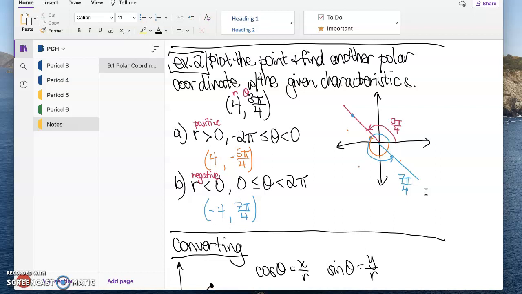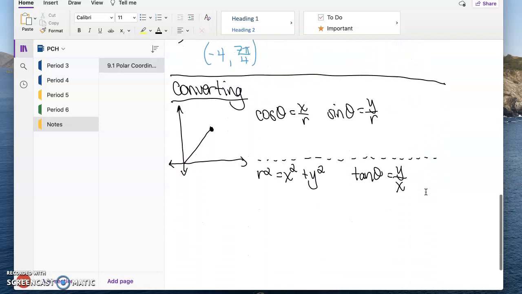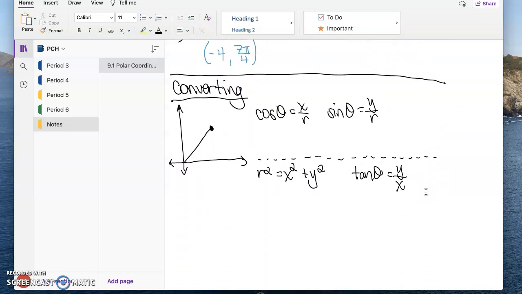All right, and then the last thing, we're going to be talking about converting from rectangular to polar or vice versa. So let me look at trying to be color consistent here. Okay, there we go. We're going to use the top 2 formulas, cosine theta equals x over r and sine theta equals y over r. We have those memorized. We're going to use those when we are given r and theta and we want to find x and y.